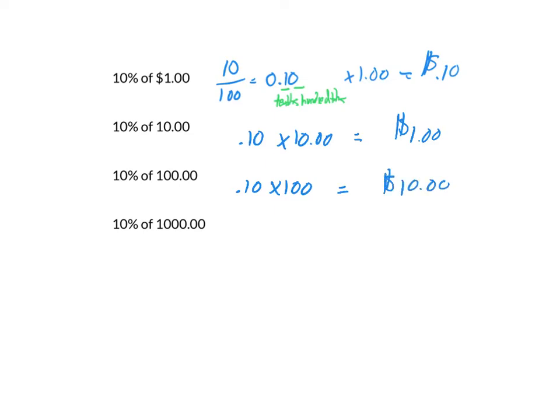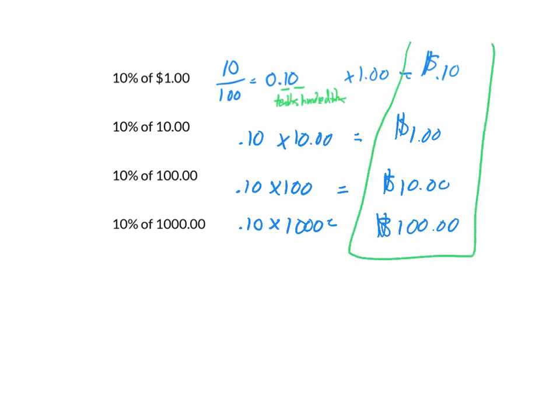And then 10% of 1,000, 10 hundredths times 1,000 equals $100. So what do you notice? What pattern do you see here?